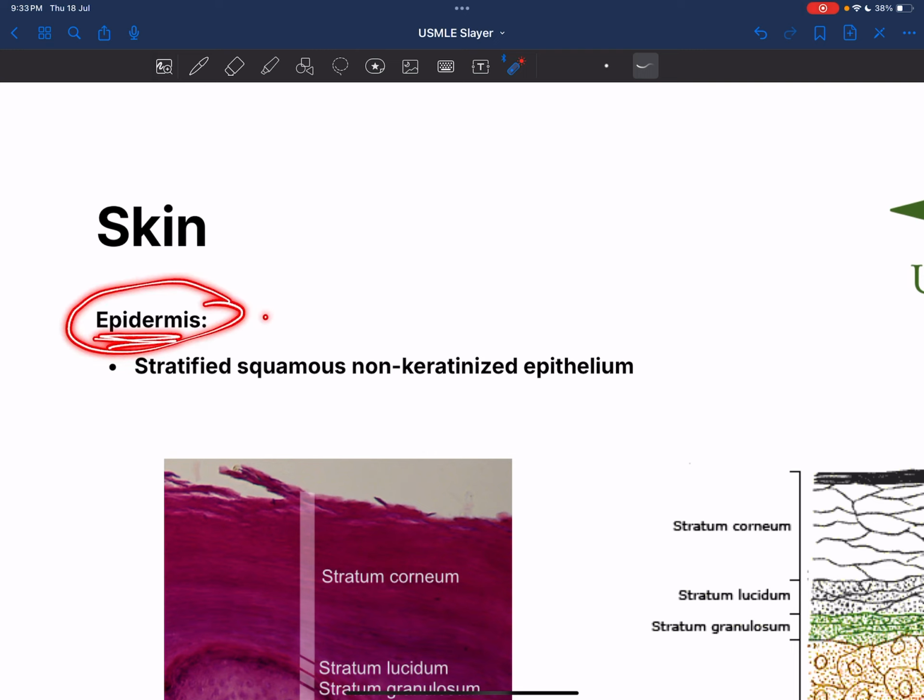As a reason for that, epidermis has 5 layers, and each layer can be increased or thickened or thinned depending on the disease itself.